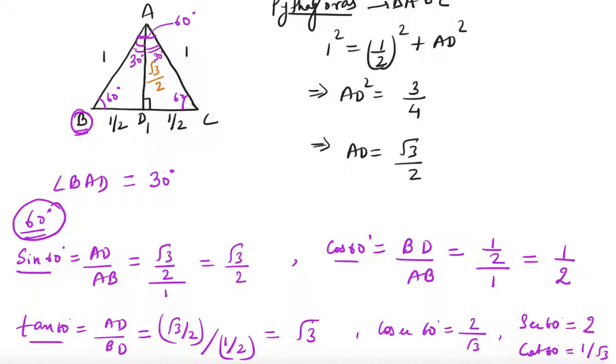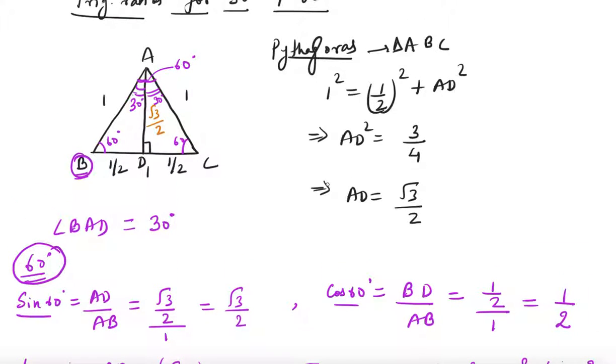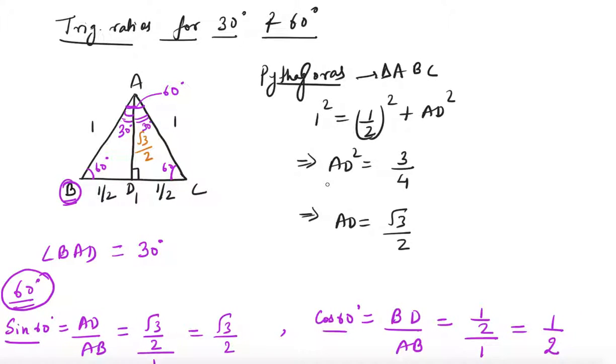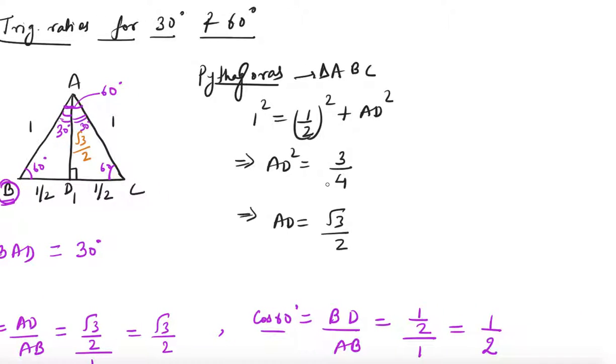Now let us come to 30 degrees. If you understood how we found the values for 60 degrees, you can easily find the trigonometric ratios for 30 degrees. When I'm talking about 30 degrees, I am concentrating on this angle, because I know that its measure is 30 degrees. So, sine 30. With respect to this angle, BD is my perpendicular and AD is my base.